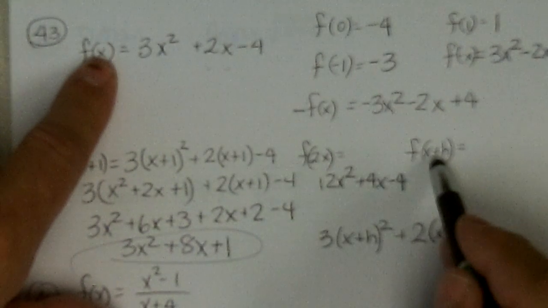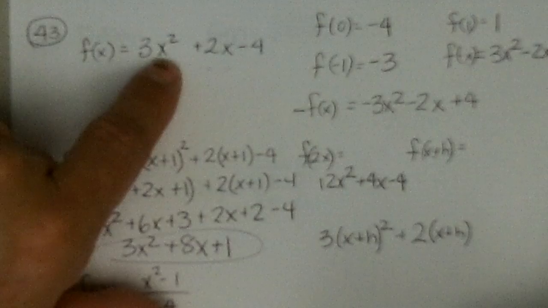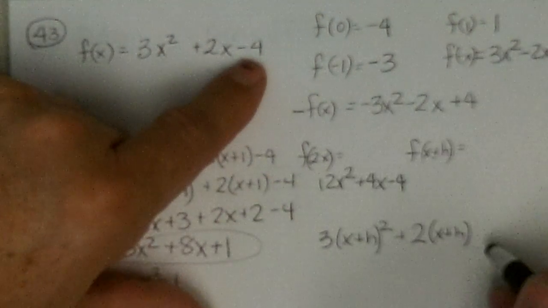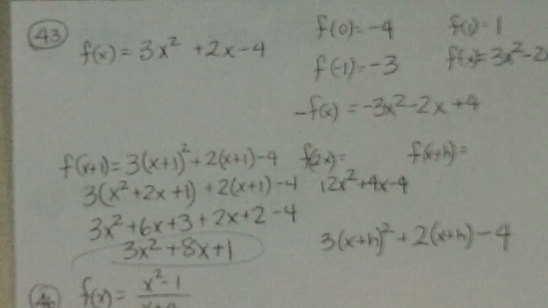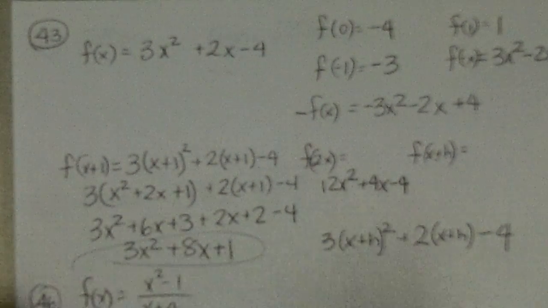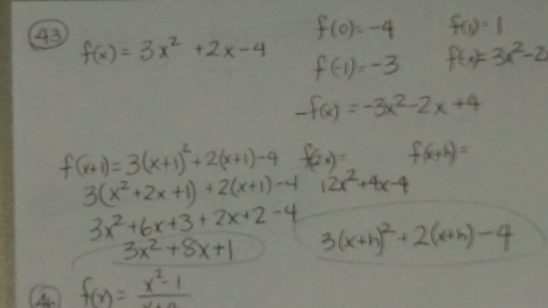X is changed to x plus h, and so that becomes x plus h, and that becomes x plus h, minus 4. And you could FOIL out this, but none of the terms are alike, and so you can leave the answer just looking like that.